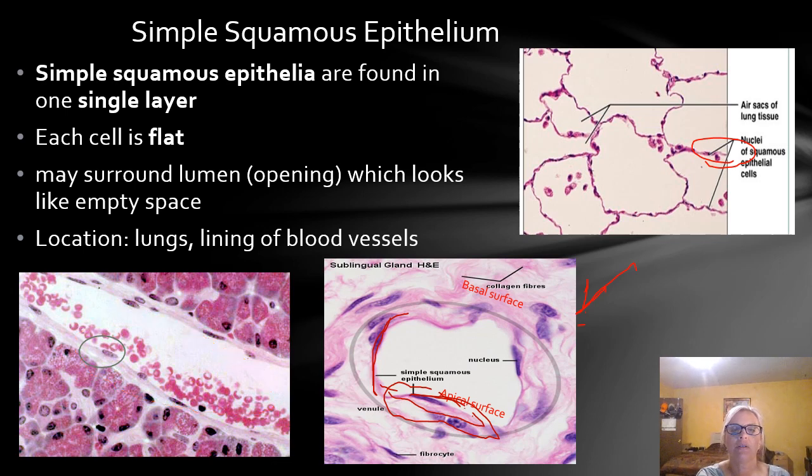And so now let's look at this particular picture here on the bottom left. Where do you think the simple squamous epithelia are found? I've already told you that this portion there is the lumen, and those are red blood cells, okay? So can you see the simple squamous epithelia there, all right?